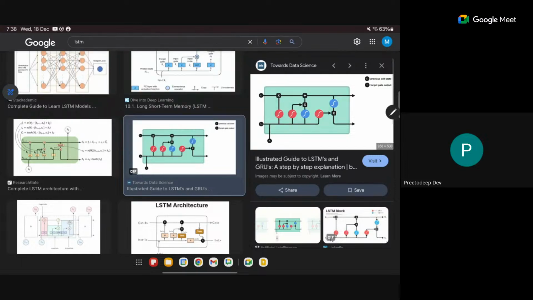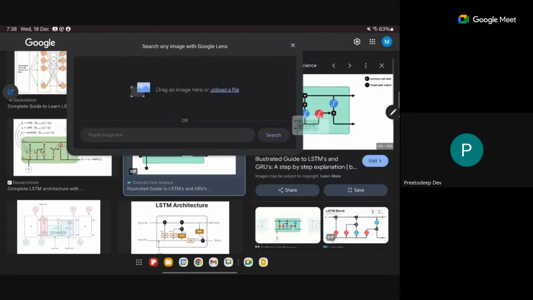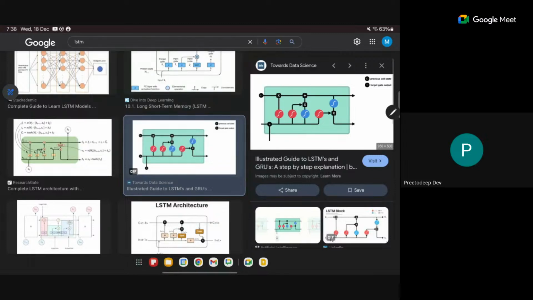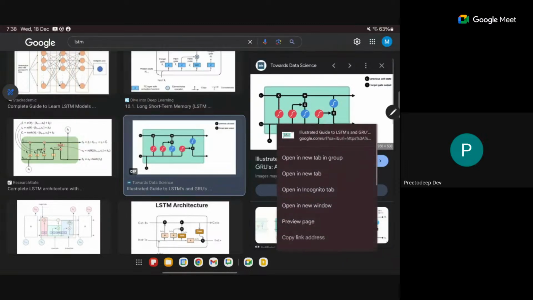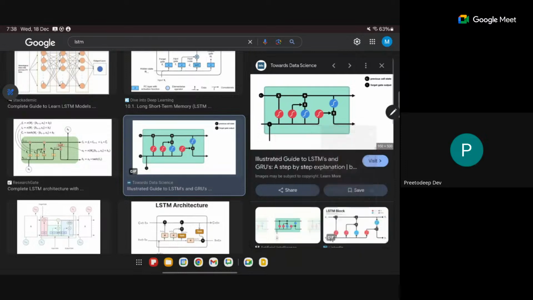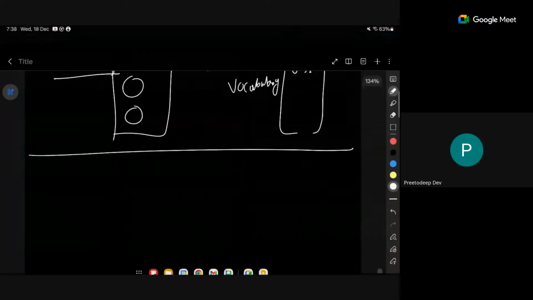The copy image option is at the very bottom of the context menu. You can copy that directly. It's the last option, I think. Yeah, okay, this one, here in the bottom. Yeah, copy image. Yeah, you can copy that.